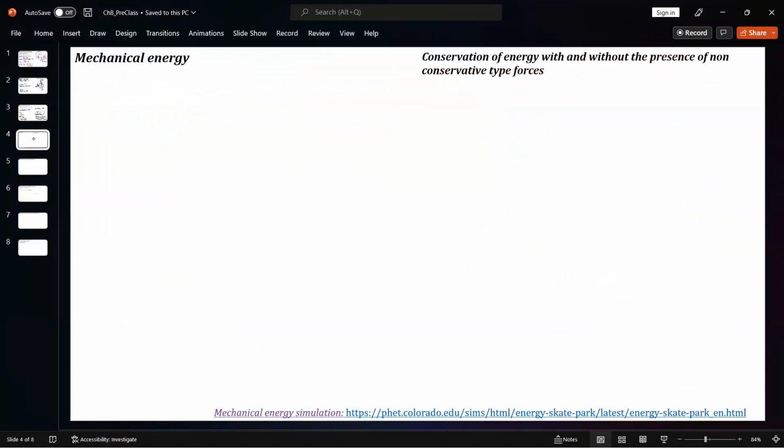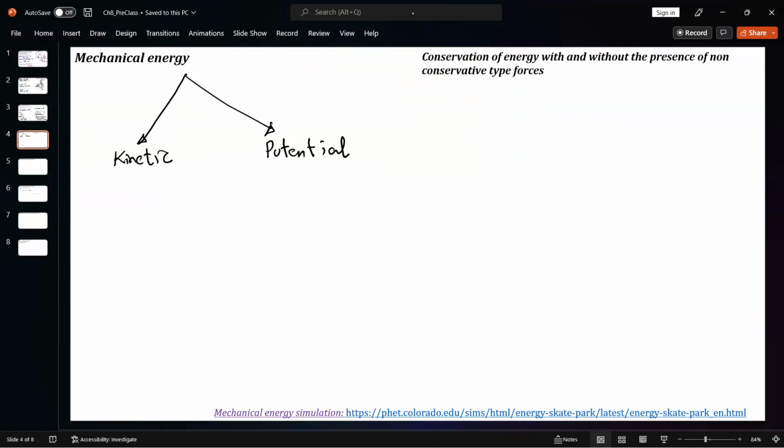Let's summarize this mechanical energy concept overall. In this physics one class, what we're talking about is mechanical energy, which, as you are familiar, can basically be categorized into two types. One is kinetic, when the object is moving. The other one is potential: the object doesn't move, but it's relative to another point.